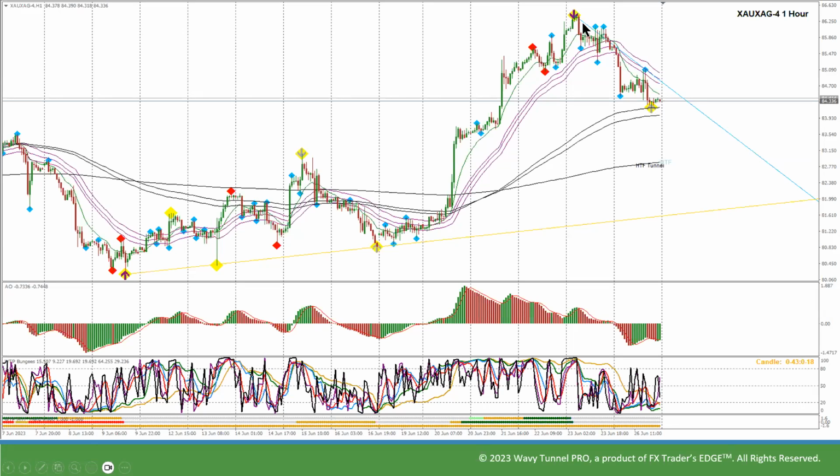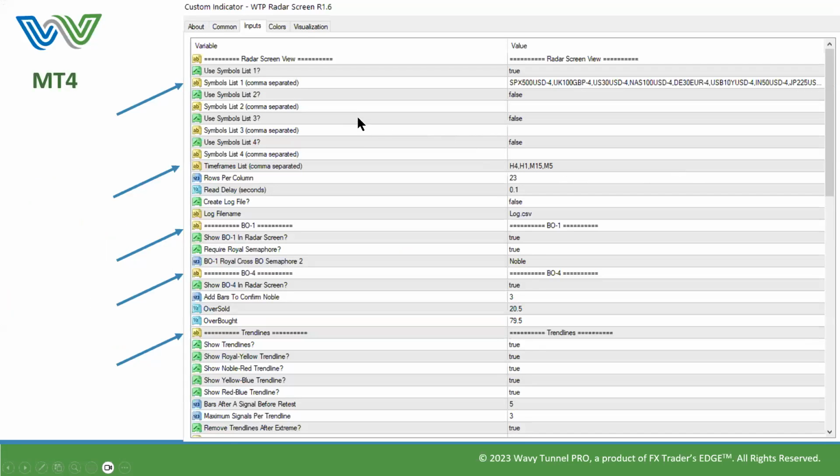Okay. We also have the trend line. So you can wait until we've taken out this trend line to trade it higher. Now, this is our radar screen components, the inputs. So you can put in all of your symbols. You can put in all of your time frames.